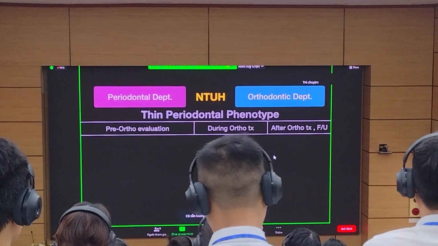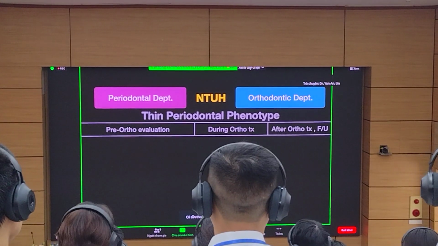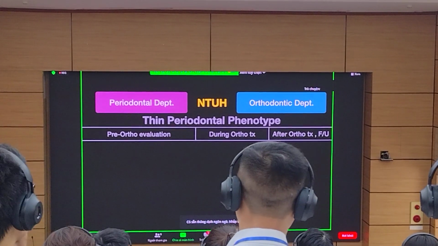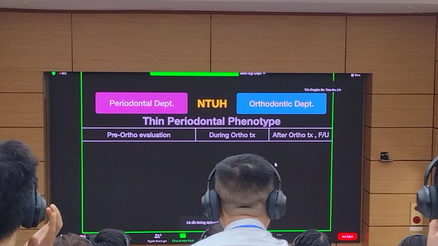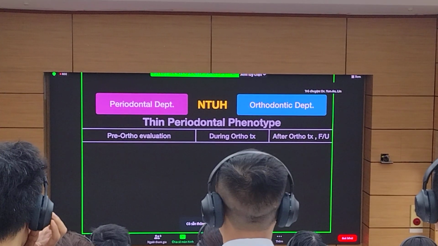However, the consensus on the timing to perform phenotype modification in orthodontic cases is still controversial. Also, there's still no treatment guide that can be provided as a reference.